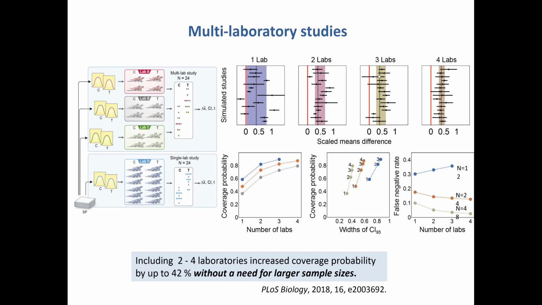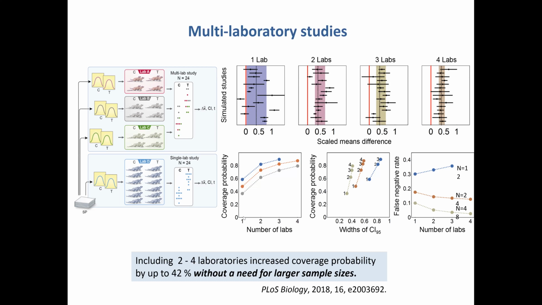And we can see that multi-lab studies are much more likely to actually capture this true meta-analytic mean than single lab studies. You can see this here in this graph below, where you have the coverage probability, which is the likelihood, the probability that a study actually captures the true mean, the true estimate for the effect size.